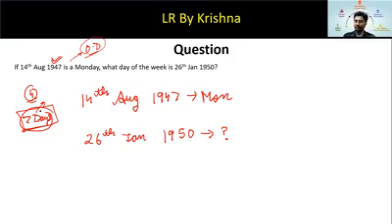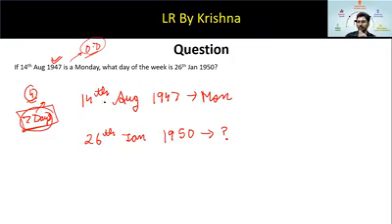Simple hai. Why you guys are doing calculation mistakes? If anyone wants to change their answer, please do.